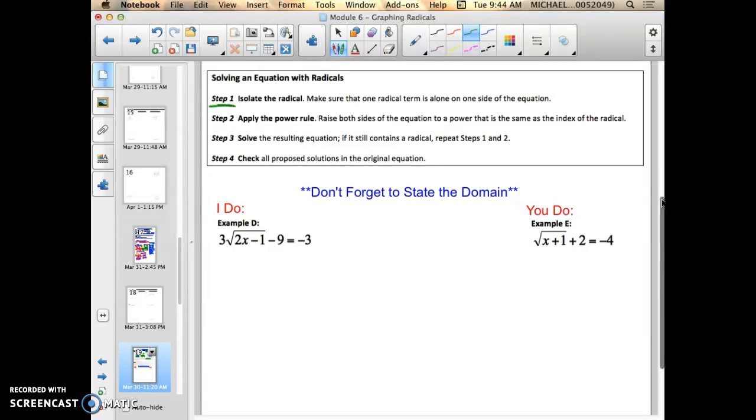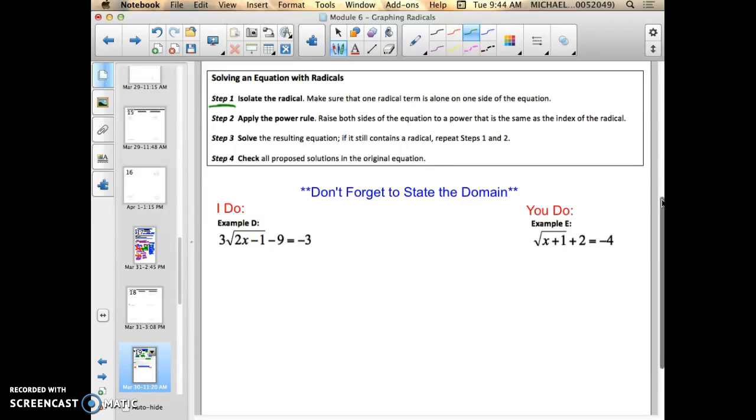Making sure that one radical term is alone on one side of the equation. If there's multiple radicals, I have to move one so that they balance each other out. But in this case, I just have to get the radical and what exists underneath the radical by itself. Step 1 will look different depending on what the equation is offering you, but that's always your goal. Get it by itself.